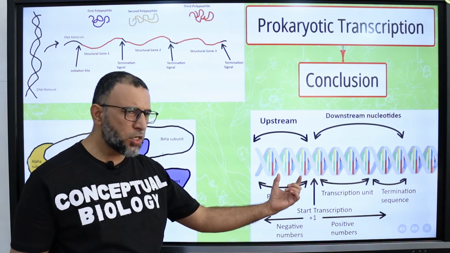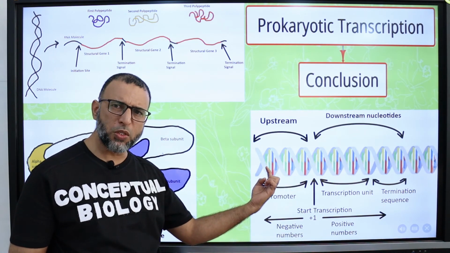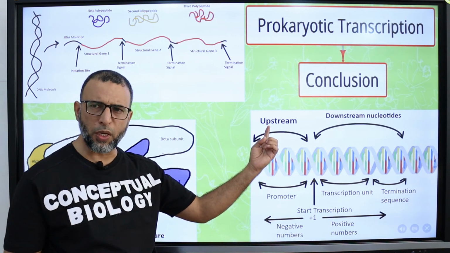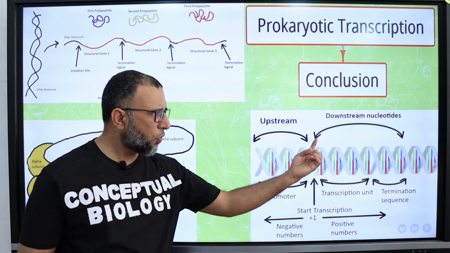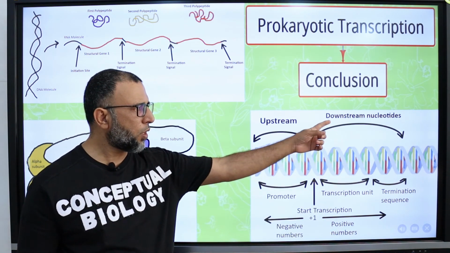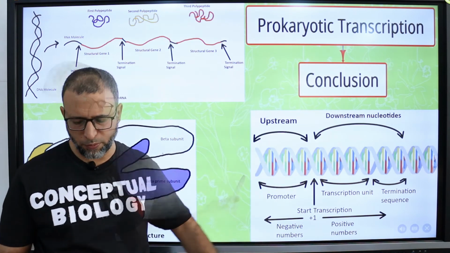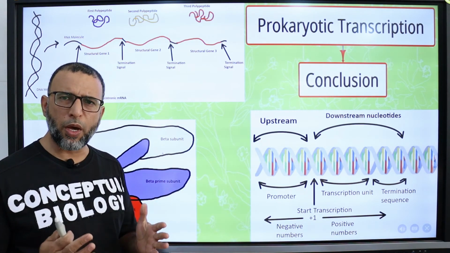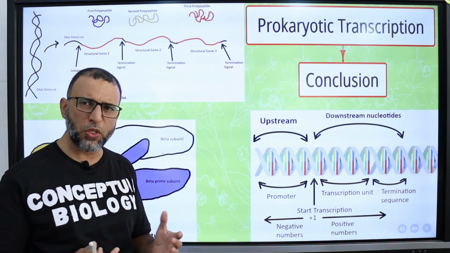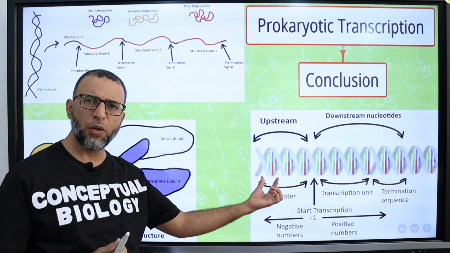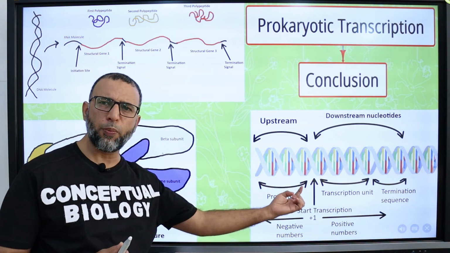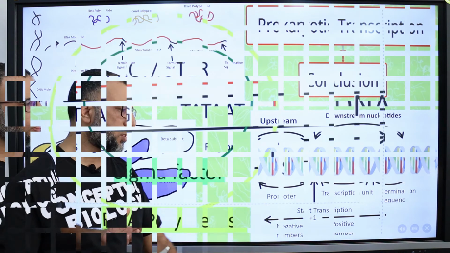Nucleotides preceding the initiation site are given negative numbers, and they are called upstream nucleotides. Nucleotides following the initiation site are given positive numbers, and they are called downstream nucleotides. So the names of these sequences, like -10 and -35, refer to their position in the promoter region, that these sequences are located before the +1 site or initiation site.